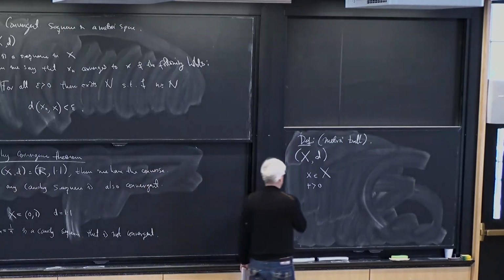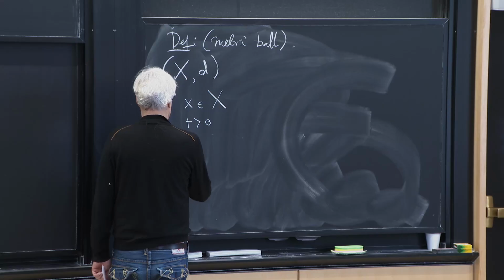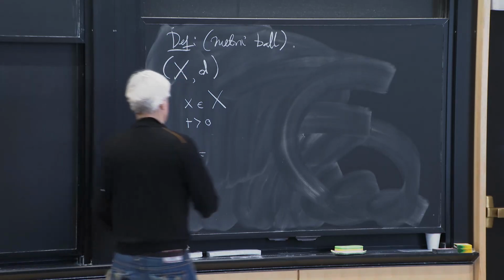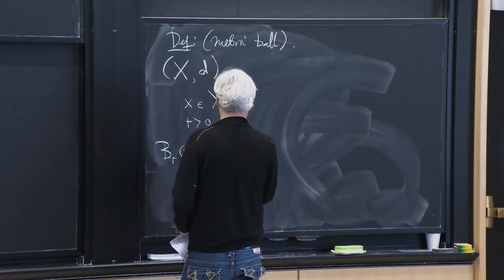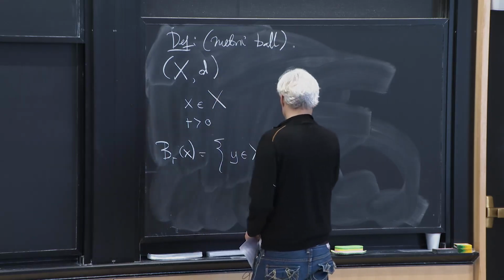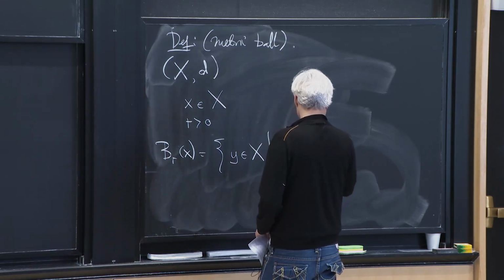And then we define B_r(x) as the set of y in X so that the distance from x to y is strictly less than r.